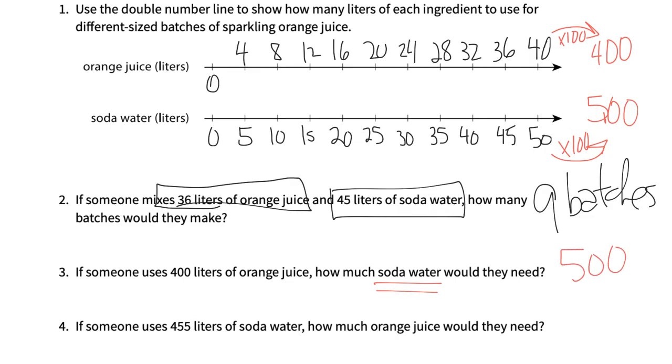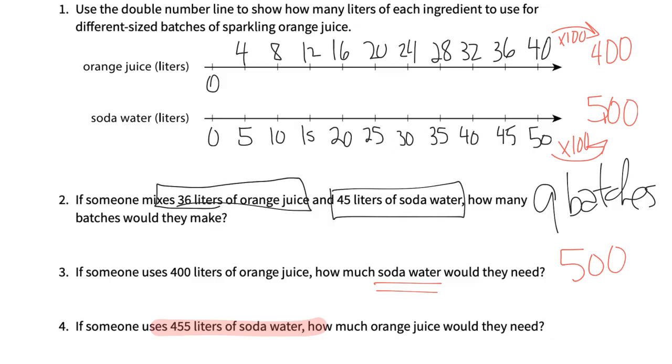And then it says if somebody uses 455 liters of soda, how much orange juice would they need? 455. Oh my gosh. So now it's getting a mess, isn't it? Because now we have to figure out 455 liters of soda water.